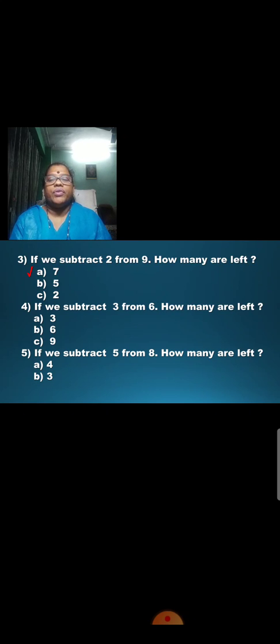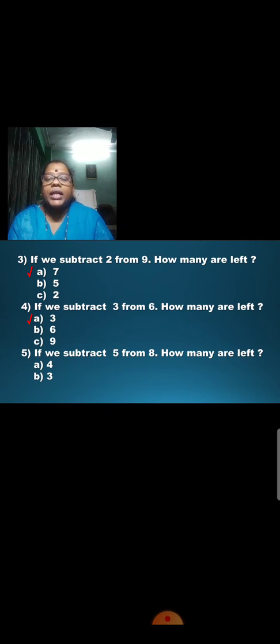Take 6 in your finger. Subtract 3. Take away 3. 1, 2, 3. How many are left? 3. Let's see. Yes. So, if we subtract 3 from 6, 3 are left. Very good. Next one.